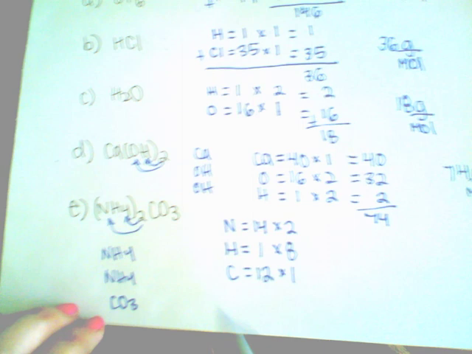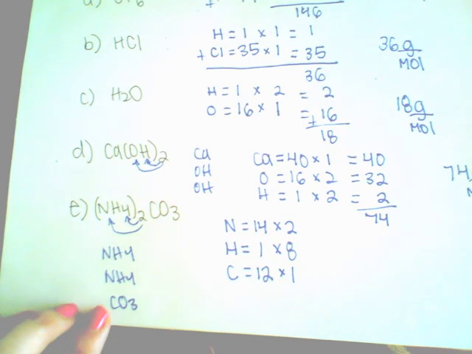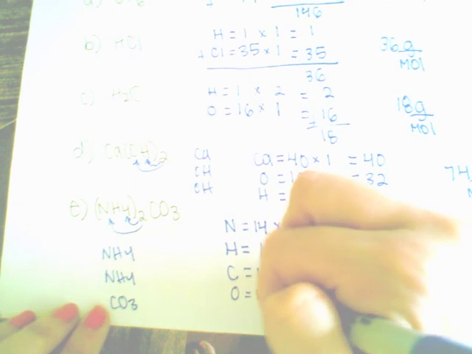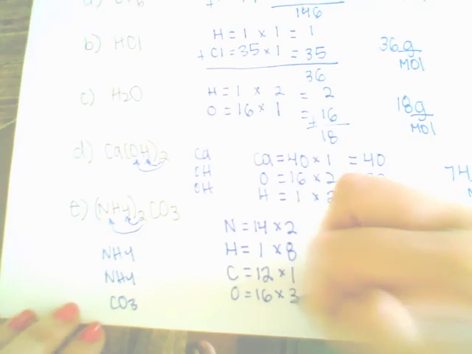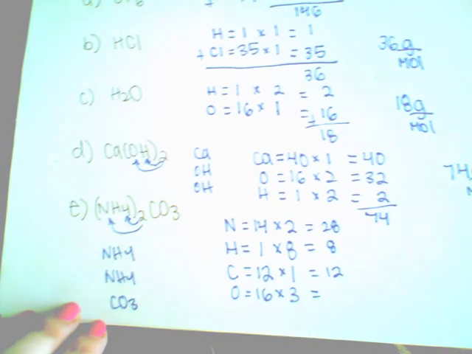And then I have carbon, which has molar mass of 12, and there is just 1 of them. Notice there's no subscript there, so it's just 1. Oxygen, molar mass is 16, and we have 3 of them according to this subscript. So we get 28, 8, 12, and is that 48?